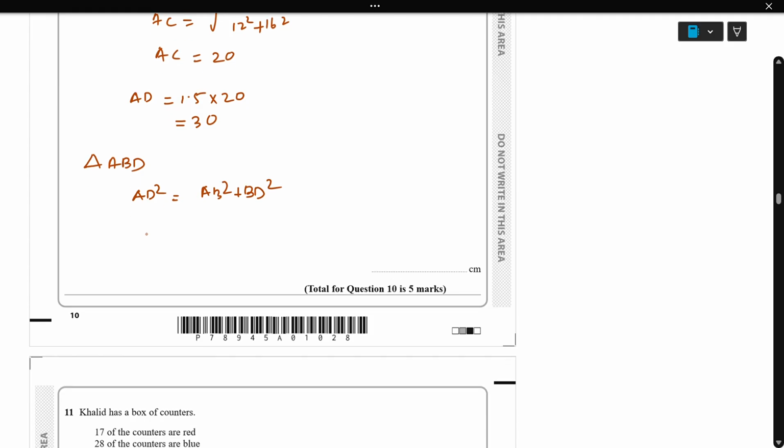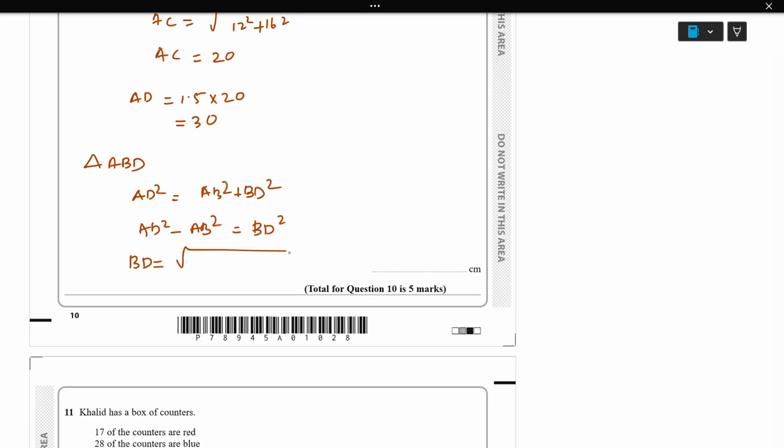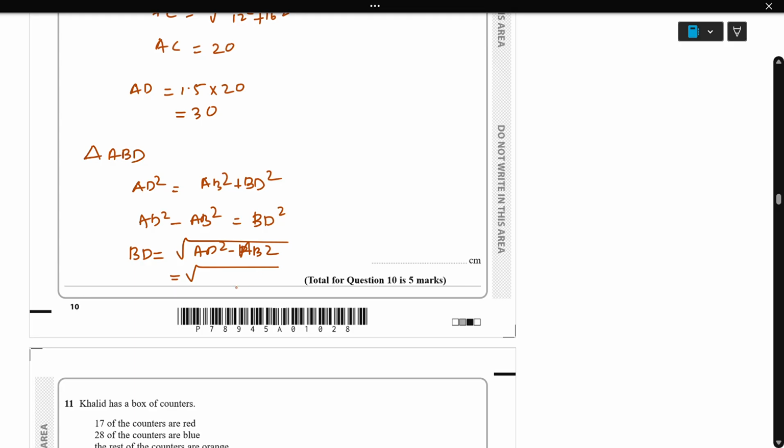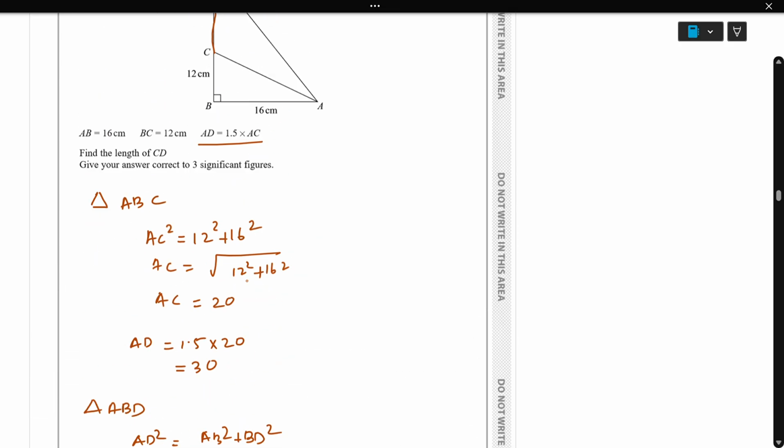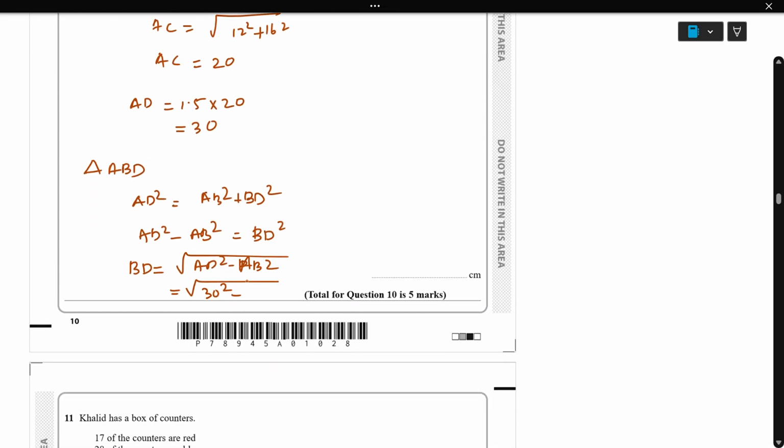So I'll bring AB square to the left side. So AD square minus AB square equal to BD square. So BD equal to square root of AD square minus AB square. So square root of AD is 30 square minus AB is 16 square.